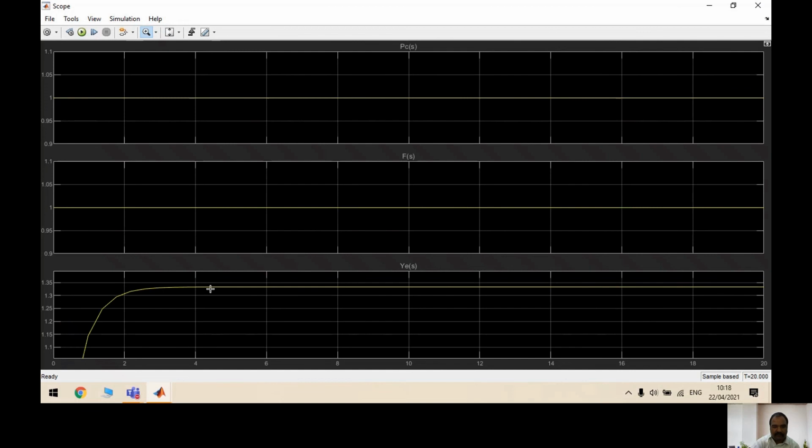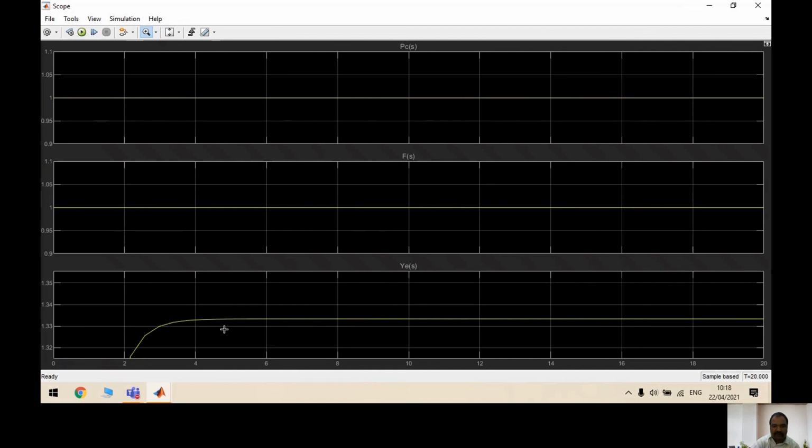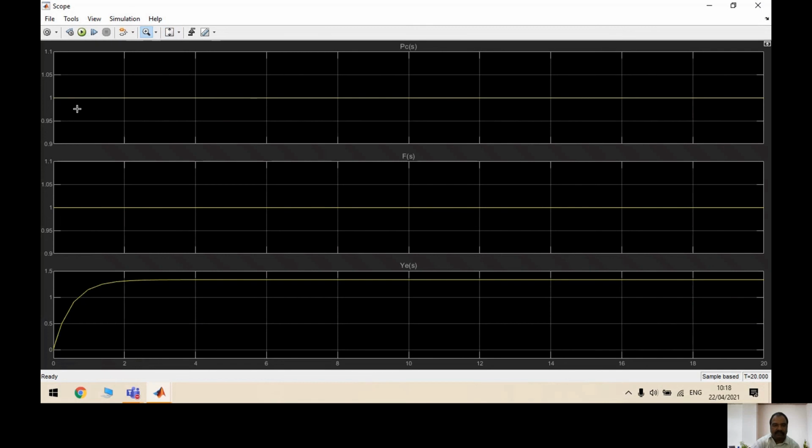At a value of 1.33. So this will be your final steam setting, because there is a change in the manual command and also a change in the frequency. That's why there is a change in steam setting, which is 1.5 times the normal one.